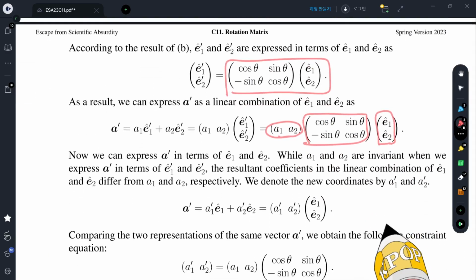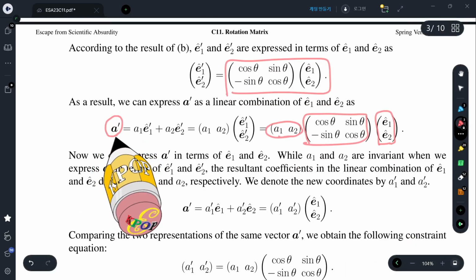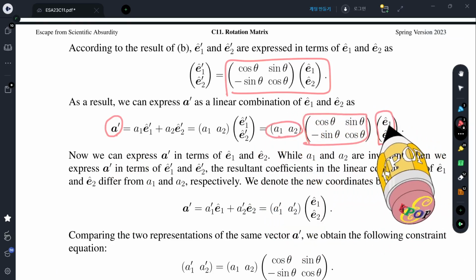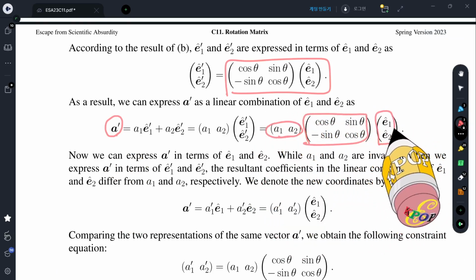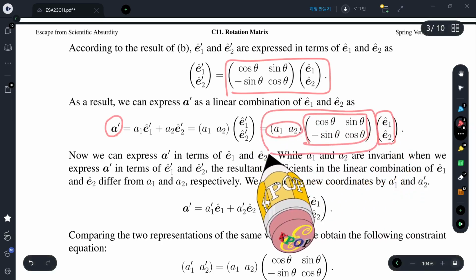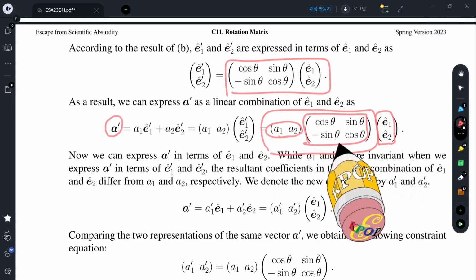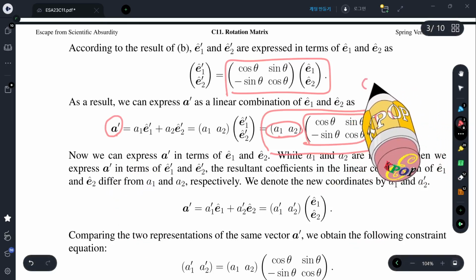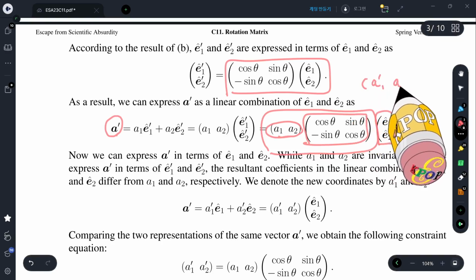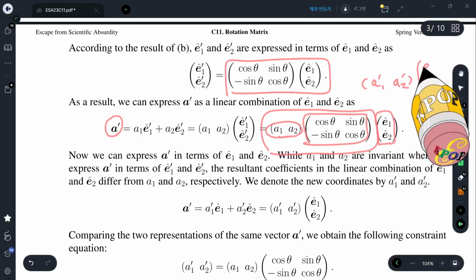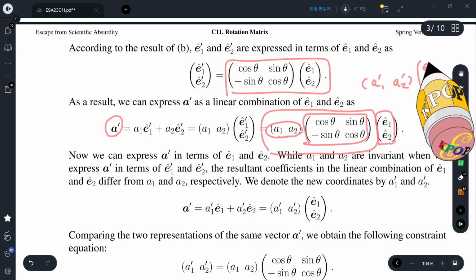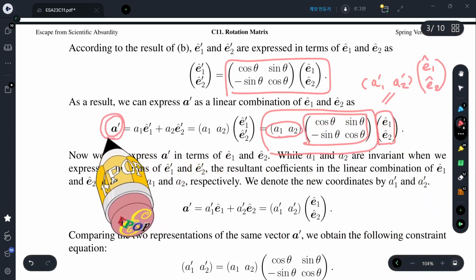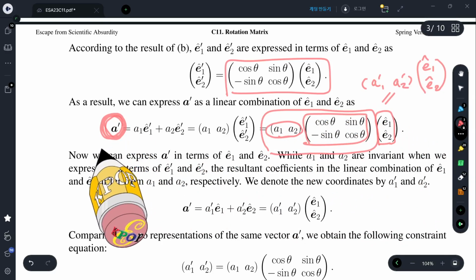So let us see. The U vector can be expanded as a linear combination of the new and old basis vectors. So from here, I can read the result of what? Like what I wanted to find is A1 prime, A2 prime in terms of old basis vectors. This one is the same as the rotated resultant vector.